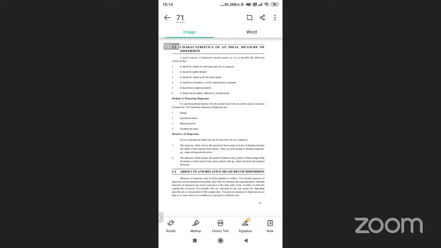One is the measures which express the spread of observations in terms of distance between the values of the selected observations. These are also termed distance measures, that is range and quartile deviation. The other measures express the spread of observations in terms of the average of the deviations of observations from some central value, that is mean deviation and standard deviation.